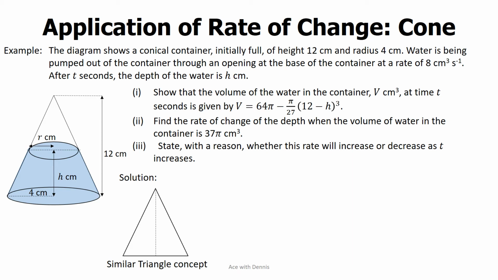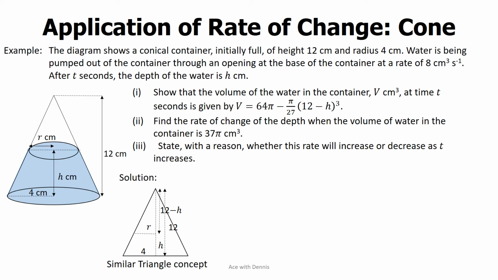This is a triangle. This is the height, which is 12 cm, and this is the radius, which is 4 cm. This is the radius R, this is the height, and this is h. So from here, this length will be 12 minus h.